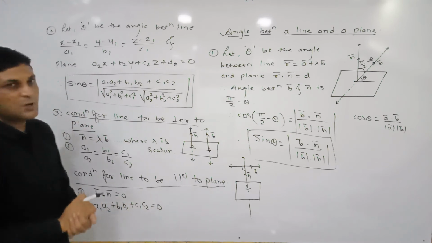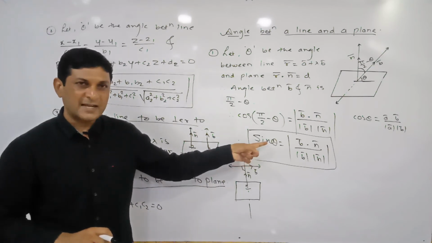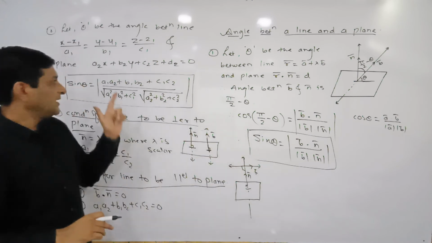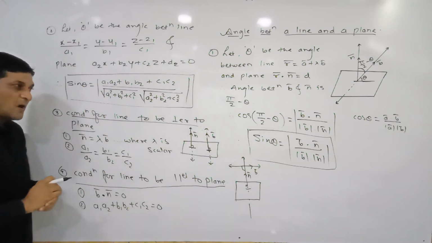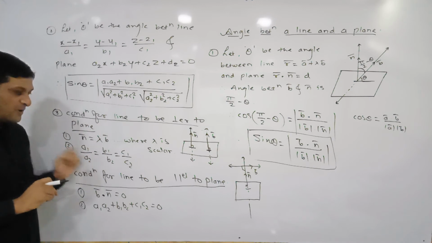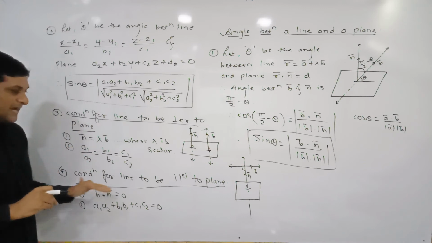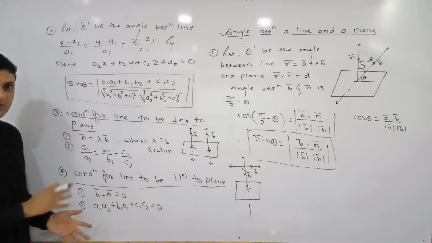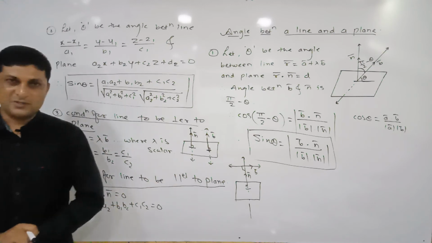So in this way we have got a formula to find the angle between a line and a plane in vector form and in Cartesian form. We also have the conditions for a line perpendicular to the plane in vector and Cartesian form, and the condition for a line parallel to the plane in vector and Cartesian form.